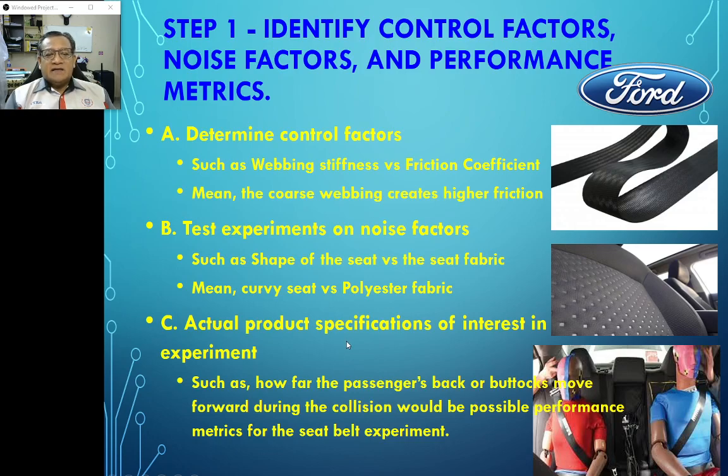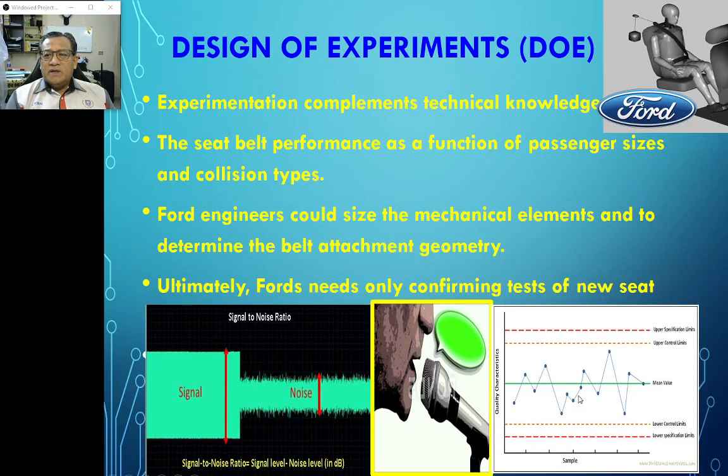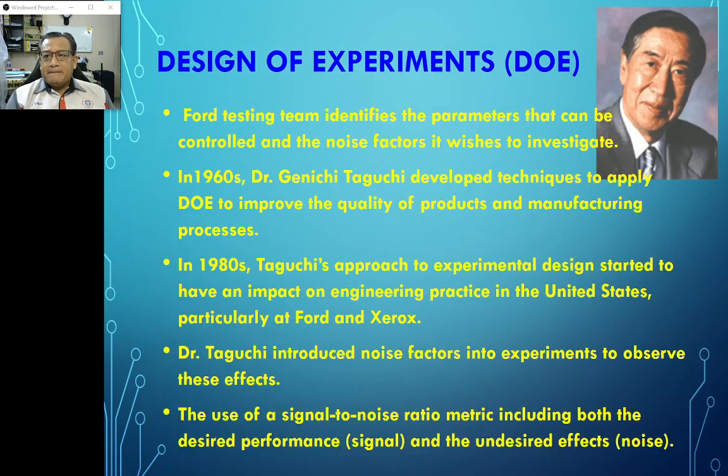And then step C, actual product specification of interest in the experiment. So what is the parameter to achieve in order for this testing to execute? It is how far the passenger's back and buttock move forward. How far is this kind of movement being detected, right?